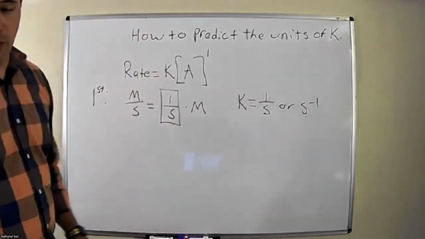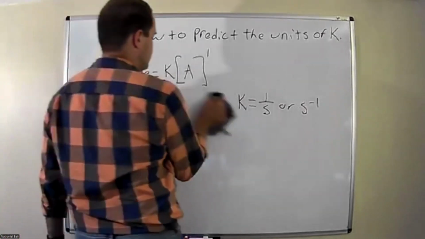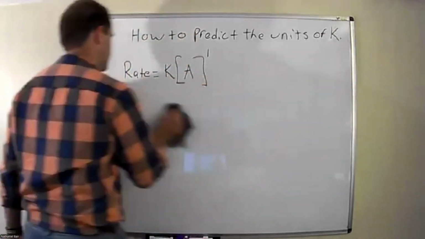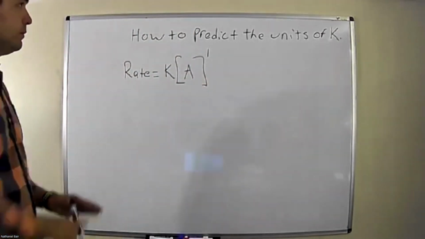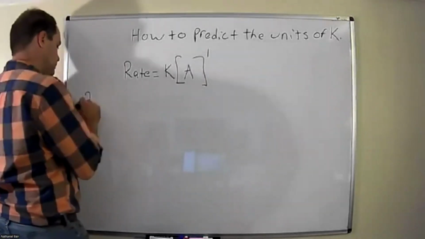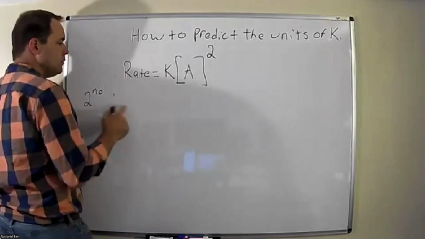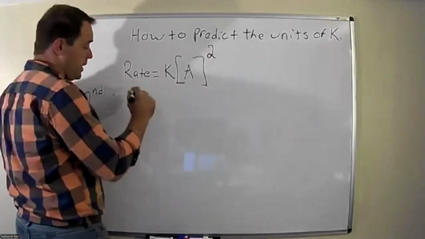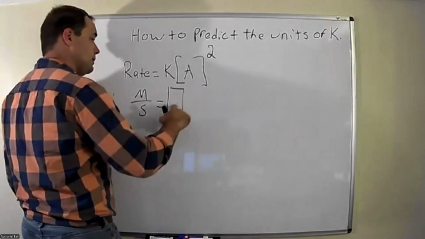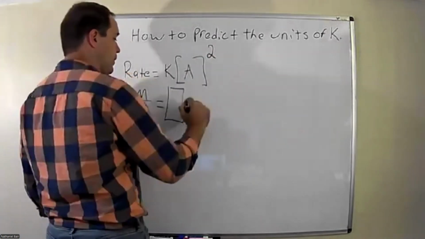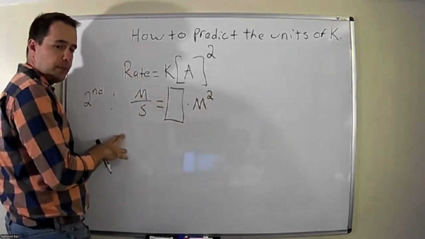Let's try second order overall. At the end of the day, rate has always got to be molar per second. So what units times molar squared is going to give me molar per second?